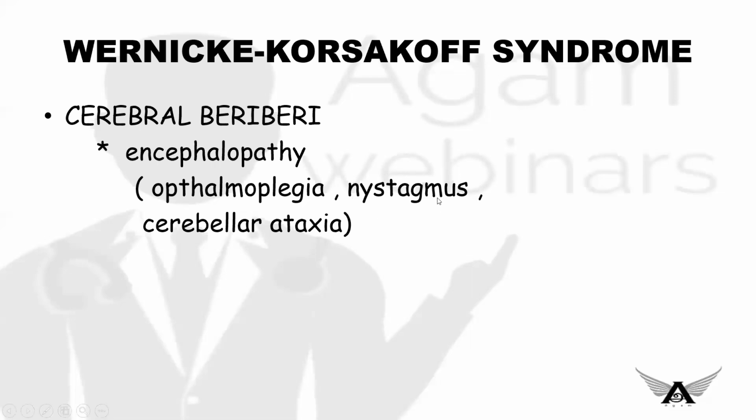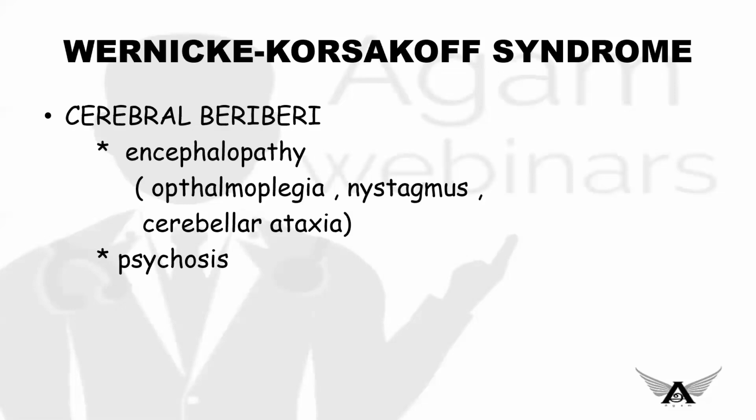Nystagmus is rapid eye movement up and down and from side to side. It also causes cerebellar ataxia. The next condition is psychosis, where the patient will be disoriented from reality. These are the deficiency manifestations of Wernicke-Korsakoff syndrome.